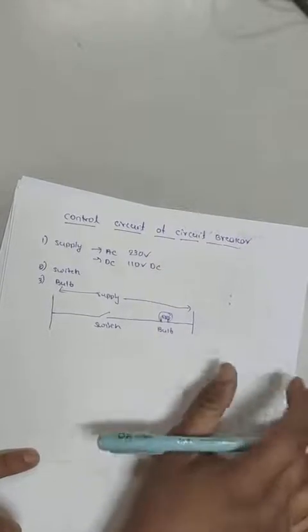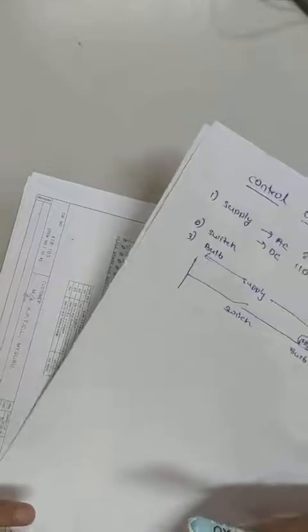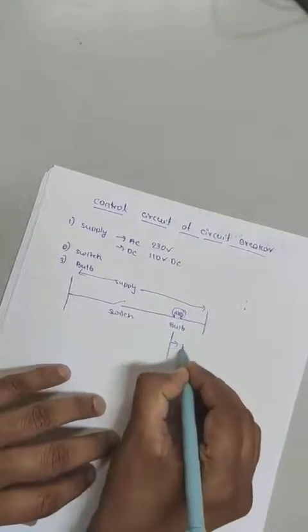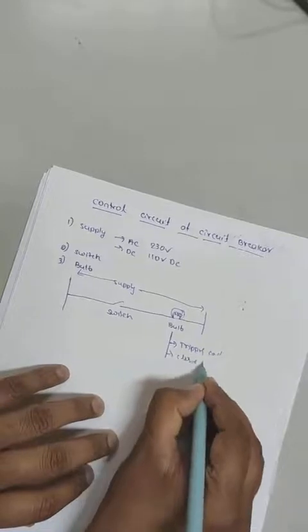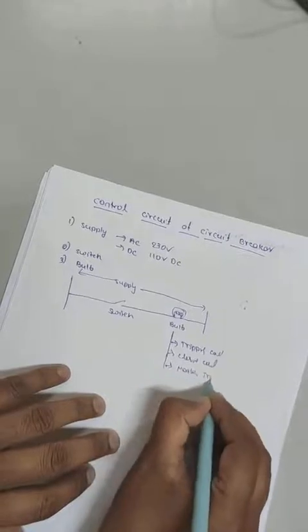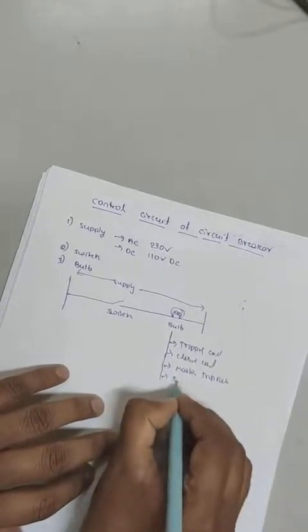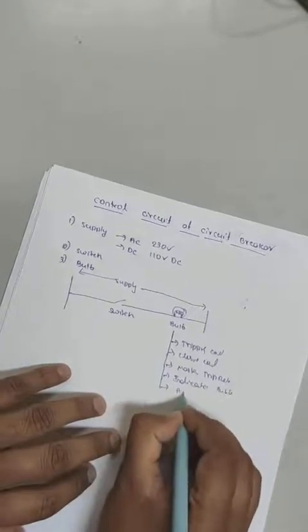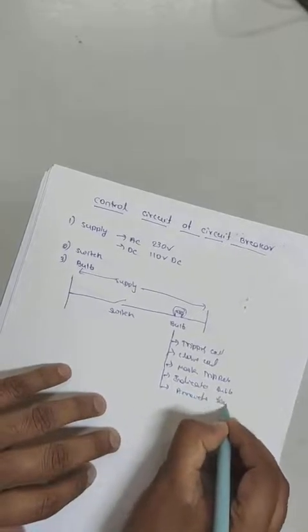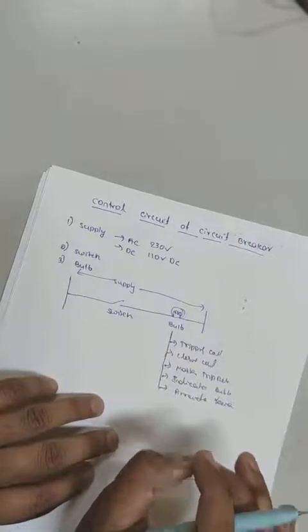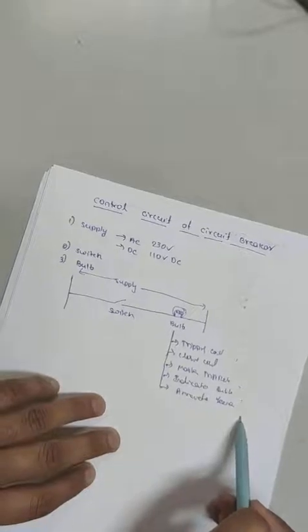In our substation electrical control circuits, in the place of the bulb, it may vary. It may be a tripping coil or closing coil or master trip relay, indication bulbs, annunciation fascia, like that. So the bulb means load, and the components may vary depending upon the circuit.